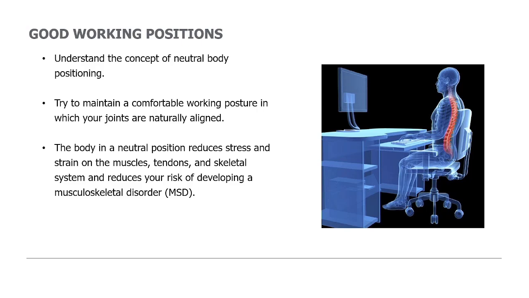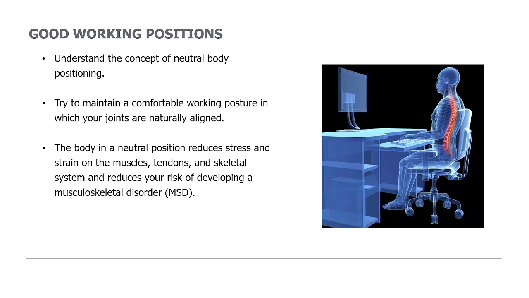Good working positions or postures are another important thing. Try to keep your body in what's referred to as a neutral posture or neutral position. A good example is to maintain a comfortable working posture in which your joints are naturally aligned. Try and remember this: if you keep your ear, your shoulder, and your hip all in line with each other, you keep your body in what they call a neutral position.